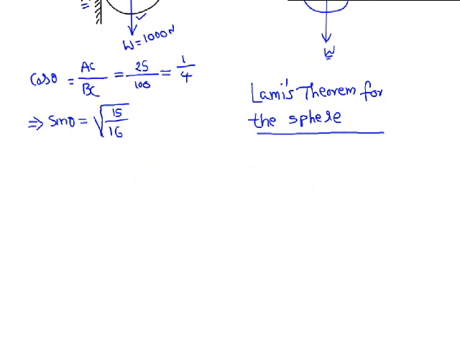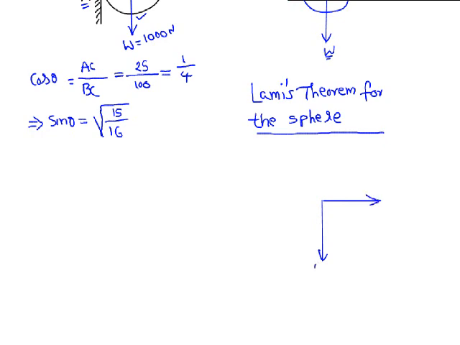You have one force W going down vertically, and the other force RA going horizontally to the right.